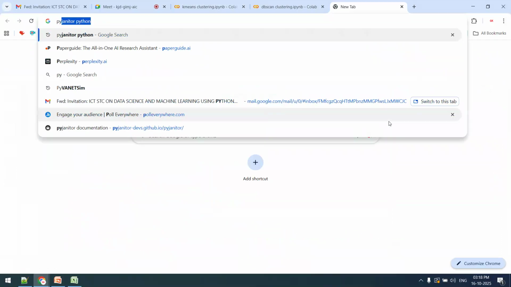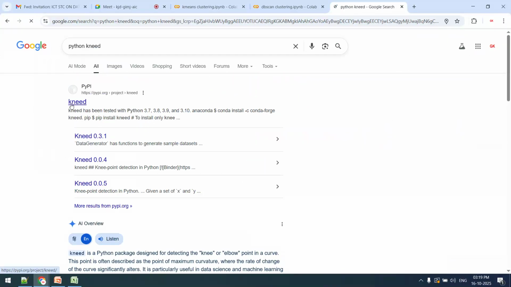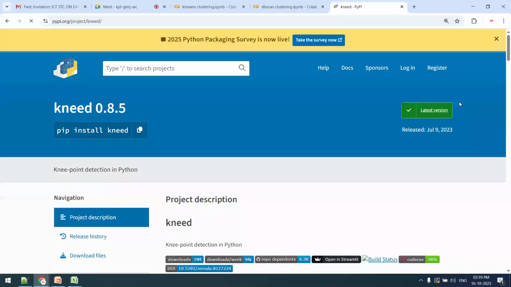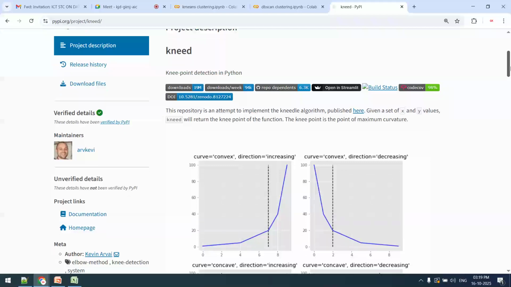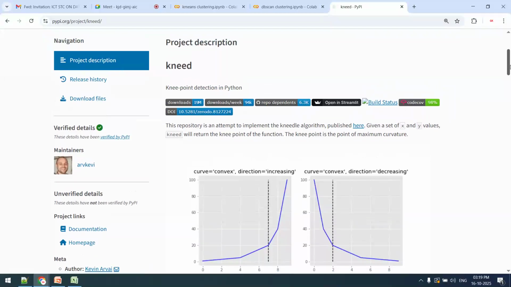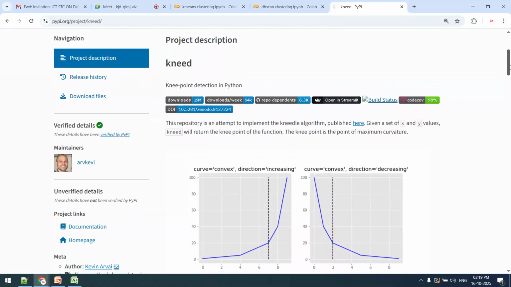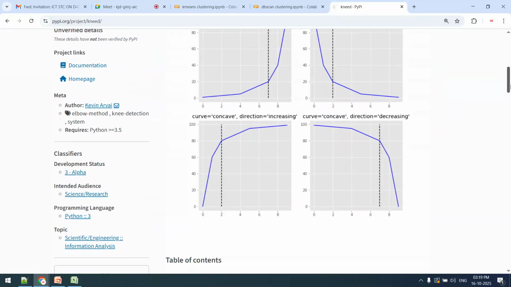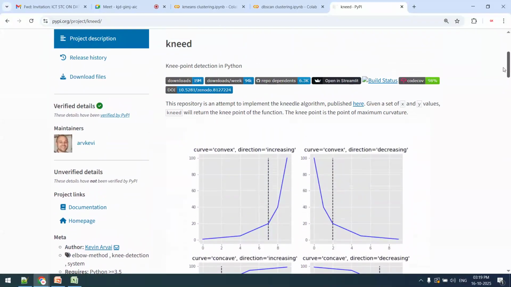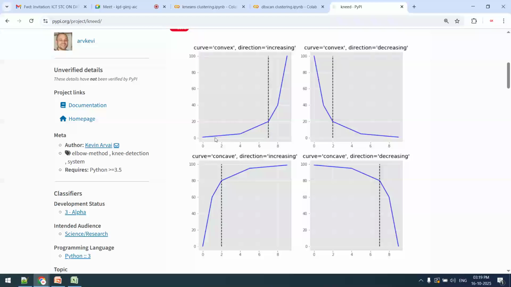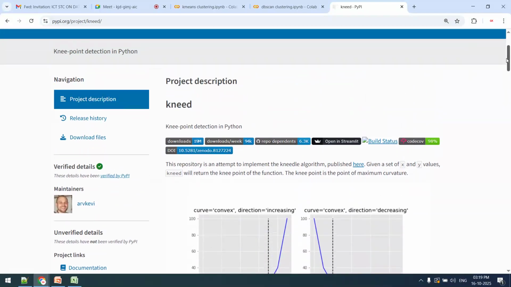In Python, there is a very popular, very prominent library with the name kneed, to analyze the curvature evaluation, this particular curvature analysis. Now, why am I showing you this with K-means?